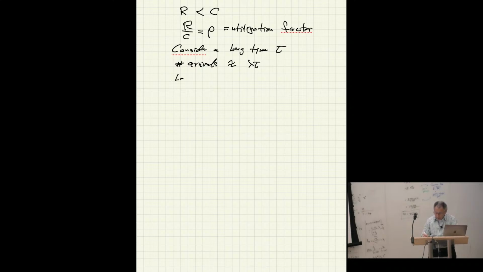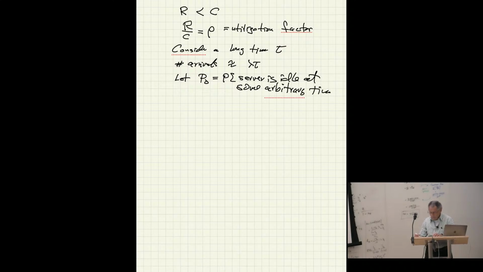And I'm going to let p sub 0 be the probability the server is idle at some arbitrary time in the interval 0 tau.